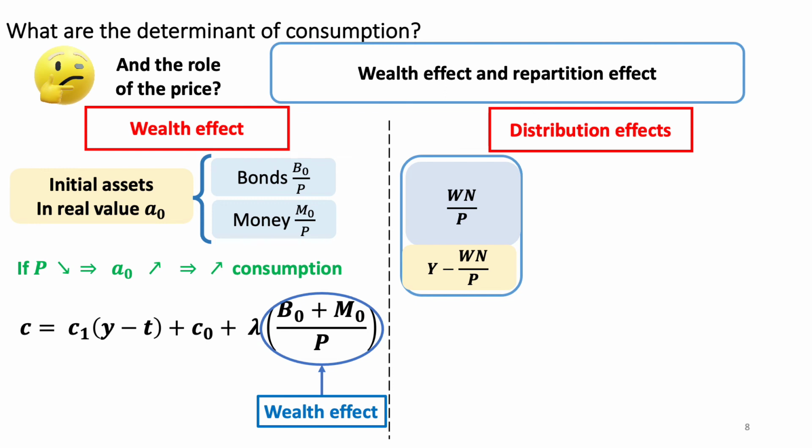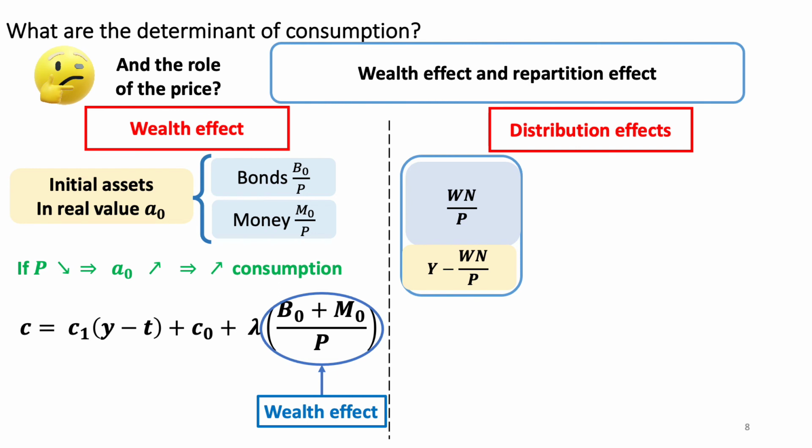In reality, we observe that households have a higher propensity to consume their wages than to consume income coming from interests or dividends. This has been shown by several econometric studies.